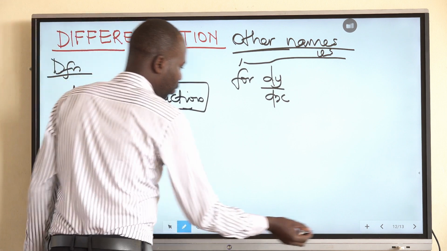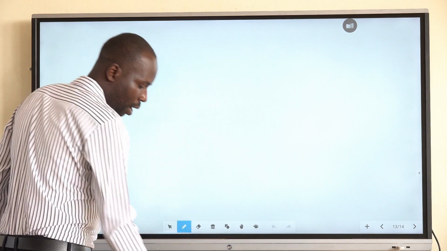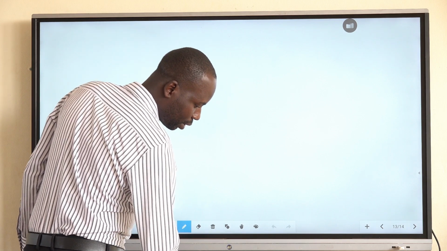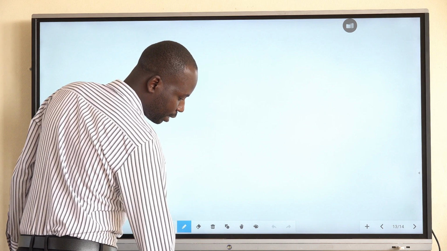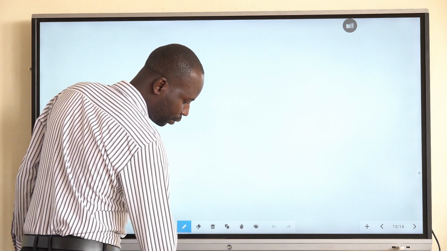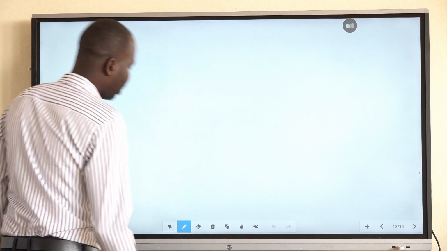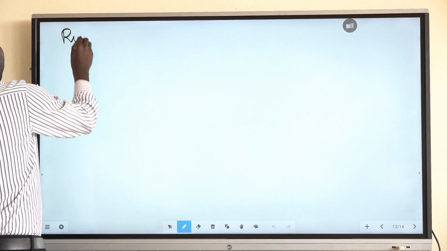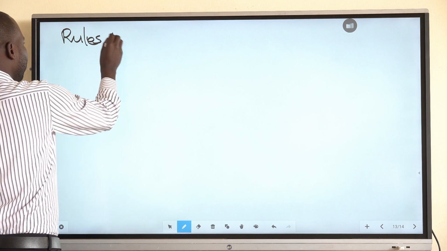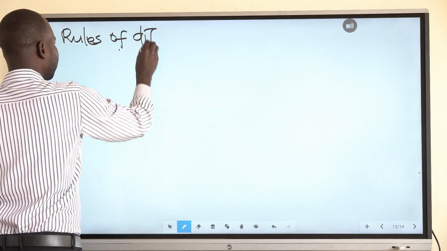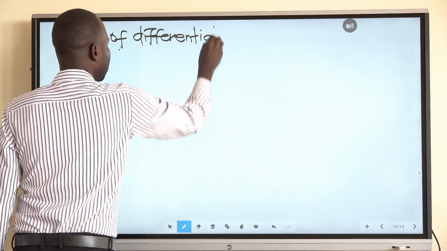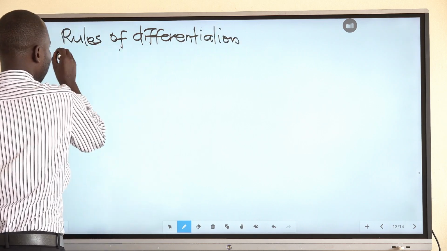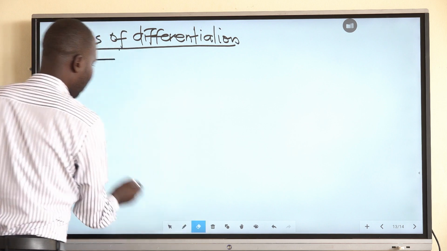Now, we need to know the methods or the rules used in differentiation. There are quite many rules or methods that we use in differentiation, and we can go through them here quickly. Rules of differentiation, and we shall look at them one by one.